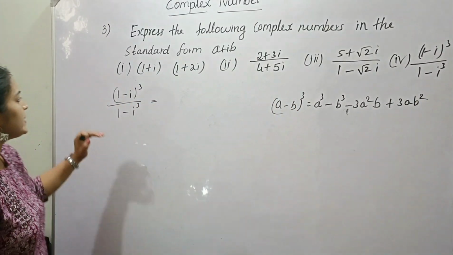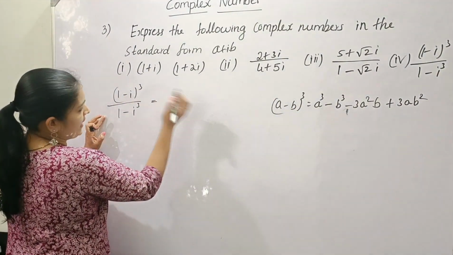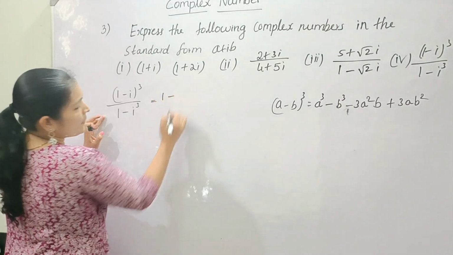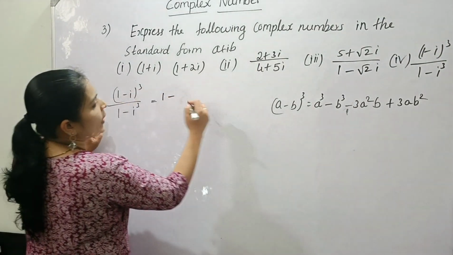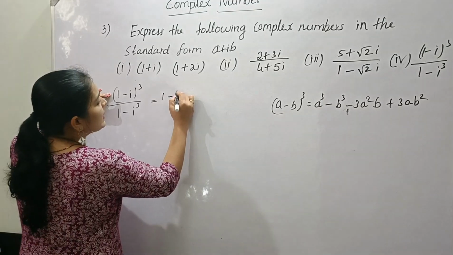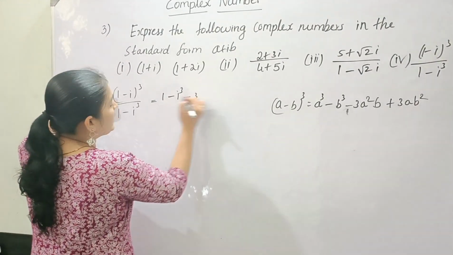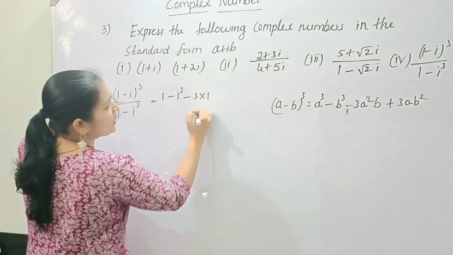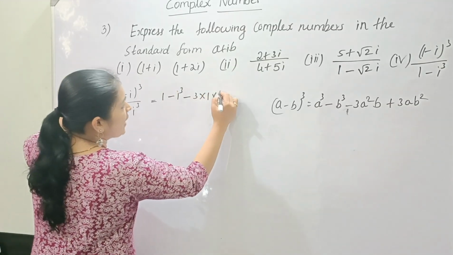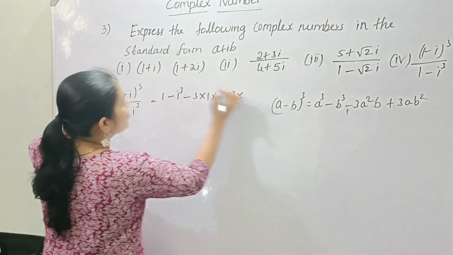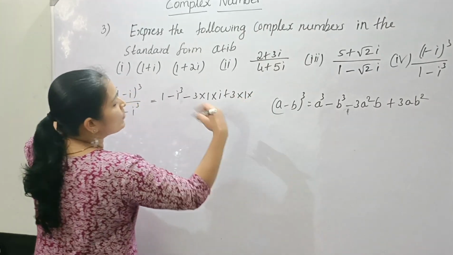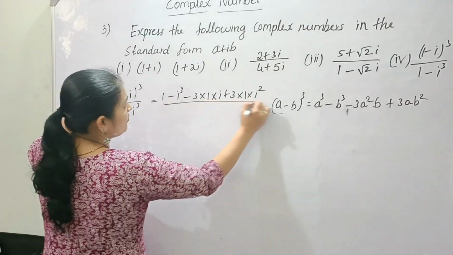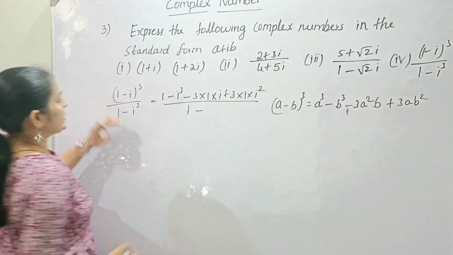Let us apply this identity here. So 1 minus, that is a cube, 1 cube, a is 1, b is i. Then b cube, that is i cube, minus 3 into a square, 1, into b, i, plus 3 into a, 1, into b square, i square, divided by (1 − i³).